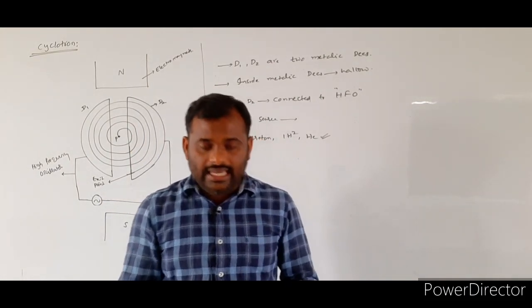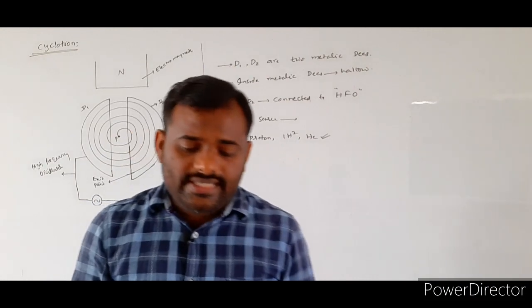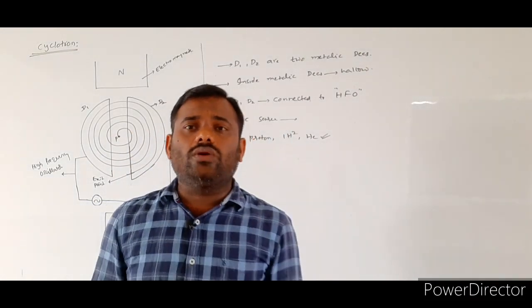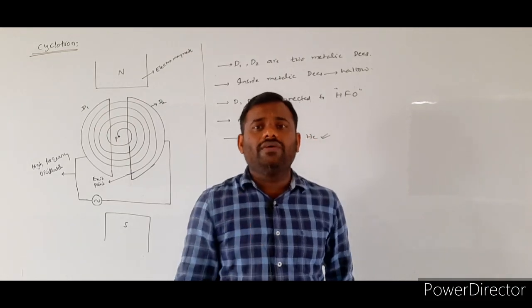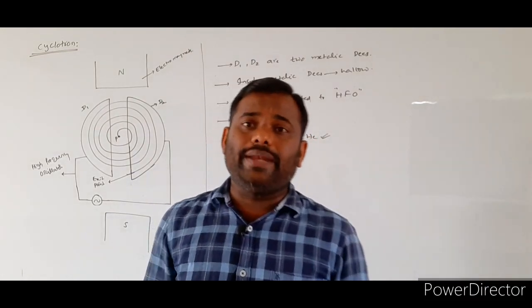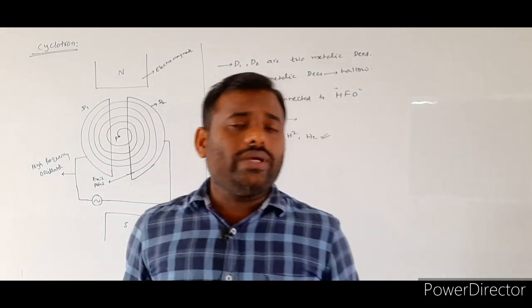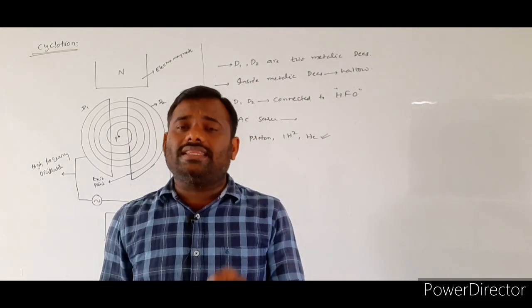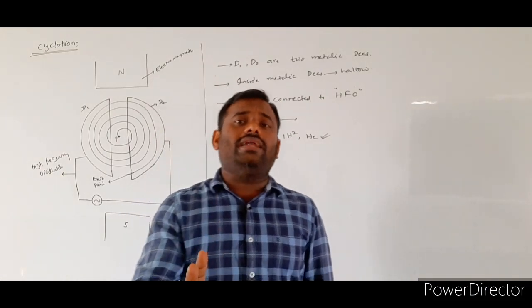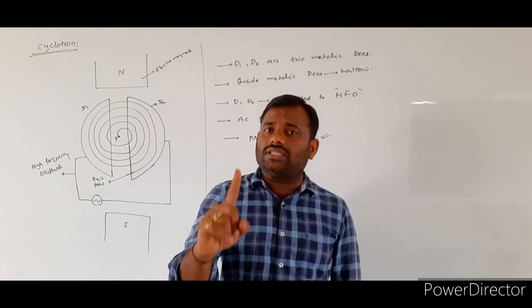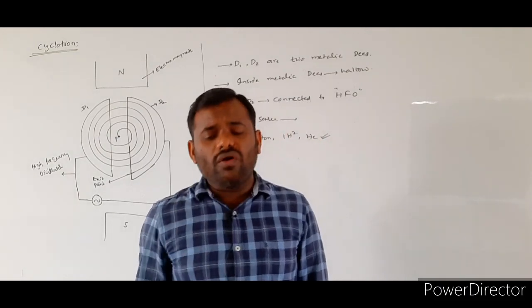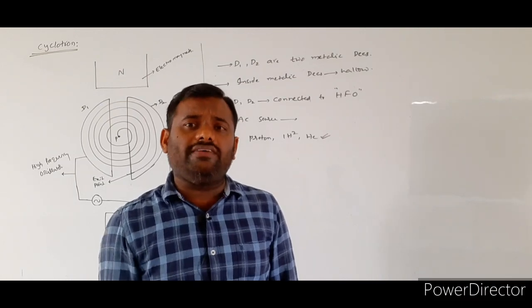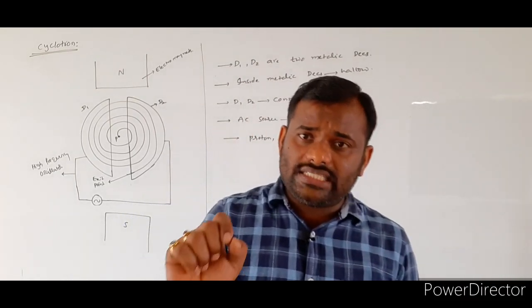Once again, what is a cyclotron? Cyclotron is a device which works on the principle of the velocity selector. In the velocity selector, the two fields are always at right angles to each other. And what is the main purpose of the cyclotron?